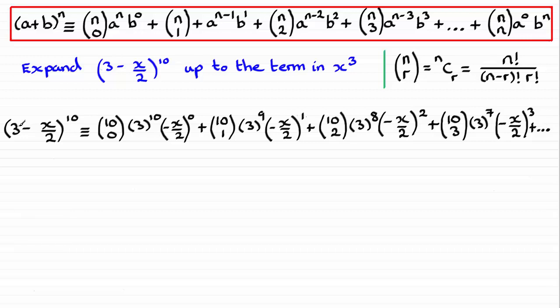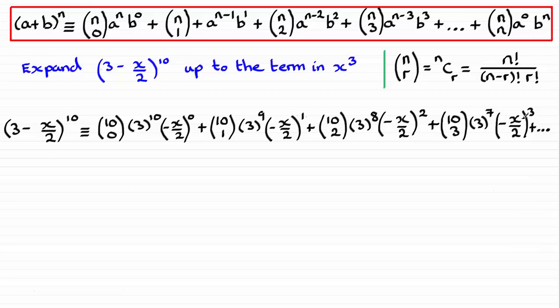As for the a value 3, we start with 3 to the power 10 and gradually decrease it by 1 in each term. 3 to the power 9, 3 to the power 8, 3 to the power 7, and so on. And the other term, the b part, minus x upon 2, that starts raised at the power 0, and then it goes up in ascending powers. Minus x upon 2 to the power 1, minus x upon 2 to the power 2, and so on.